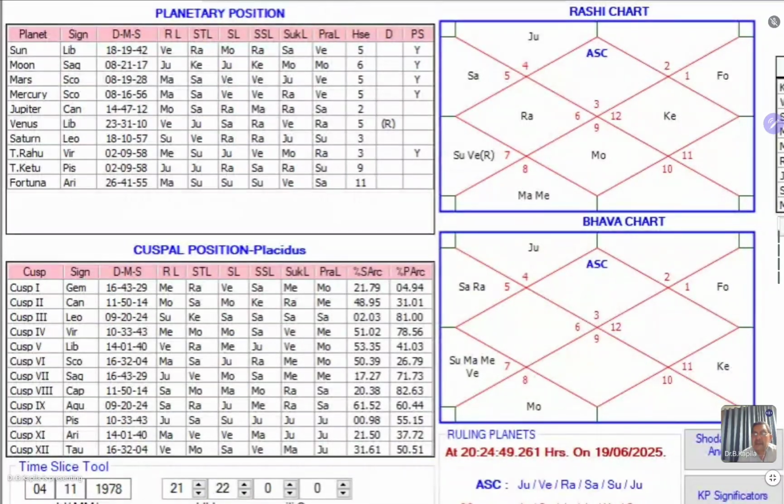Everybody can do it. Under current dasha, put the date 6th of July 1998 in your laptops and then show dasha. Have you done it? It will give dasha, bhukti, antara, sukshma and prana.